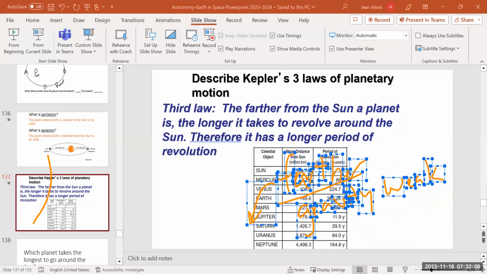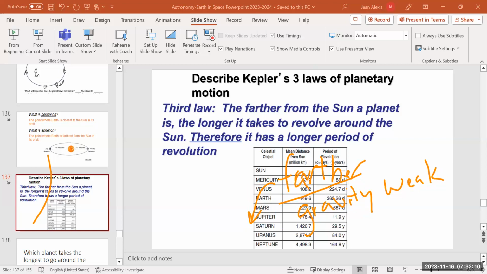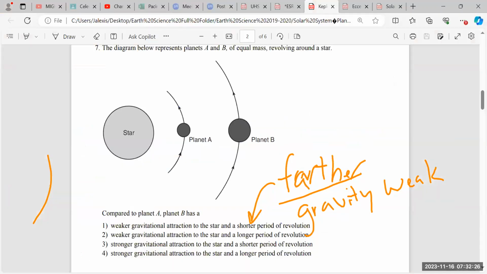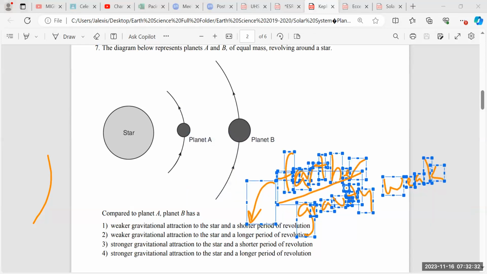Sorry about that. So Kepler's law says the farther from the sun a planet is, the longer it takes to revolve around the sun. Therefore, it has a longer period of revolution. So the farther you are from the sun, you're going to have a longer period of revolution.